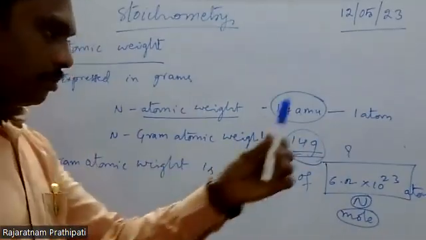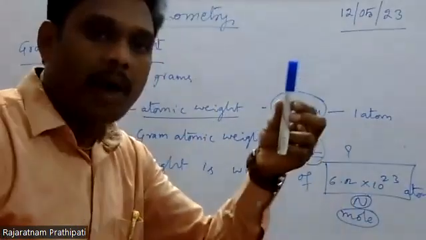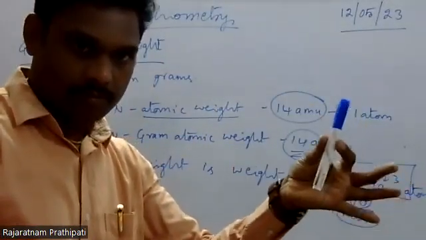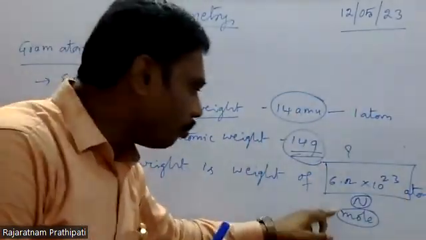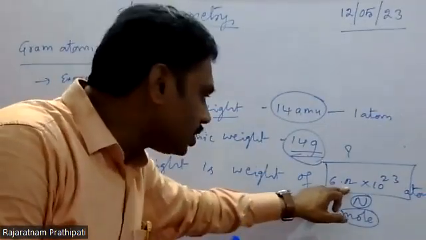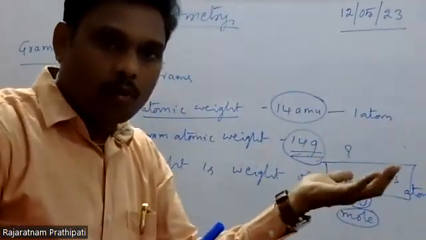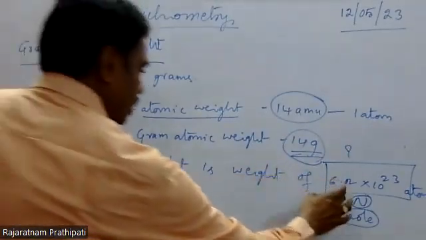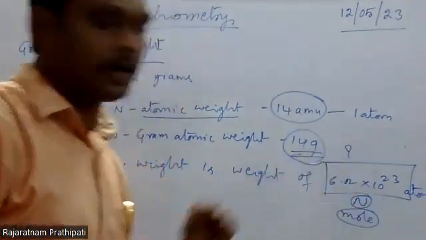Here, if a marker is there, 1 dozen markers means 12 markers, and 1 mole markers means 6.02 into 10 to the power 23 markers. Simply, this is one quantity. Whatever substance is expressed in terms of moles means that number, the Avogadro number, 6.02 into 10 to the power 23.